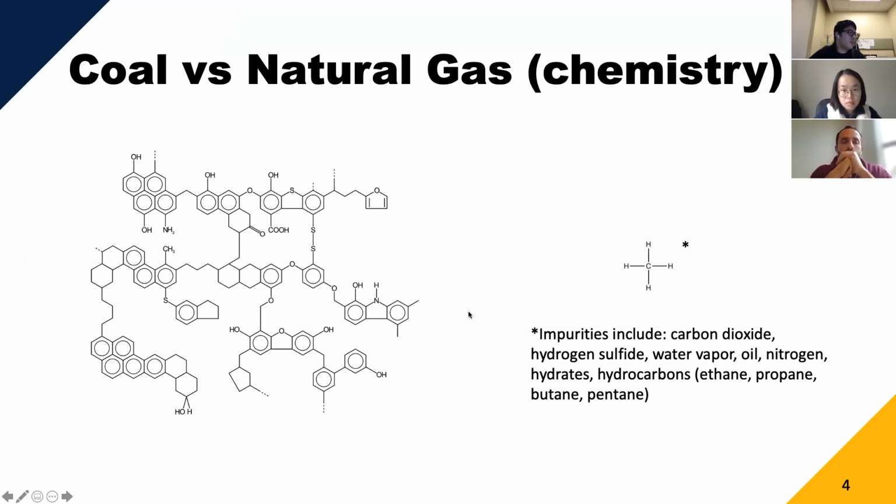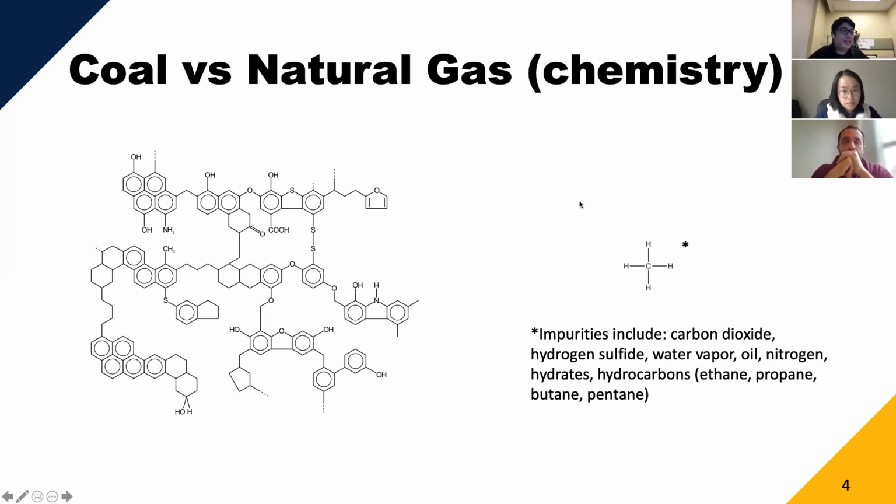And one of the things that you'll note is that you often have other impurities, we'll call them, within the molecular compound. So you have things like sulfur, or you have things like nitrogen, and that has important implications for byproducts of combustion of this.